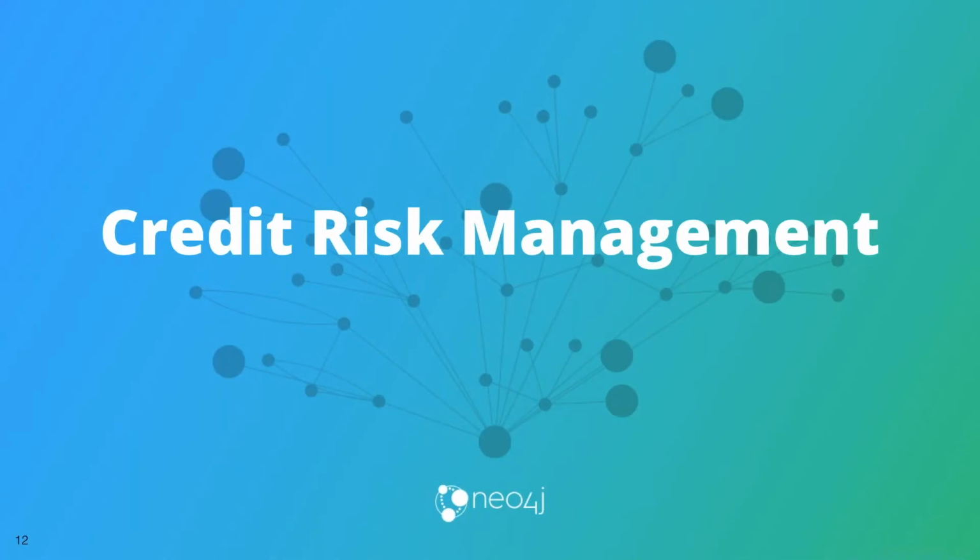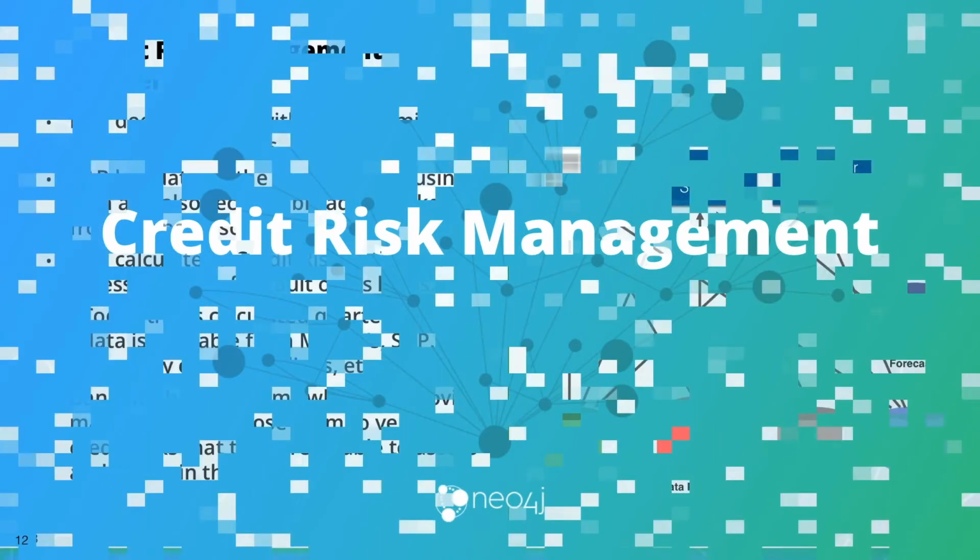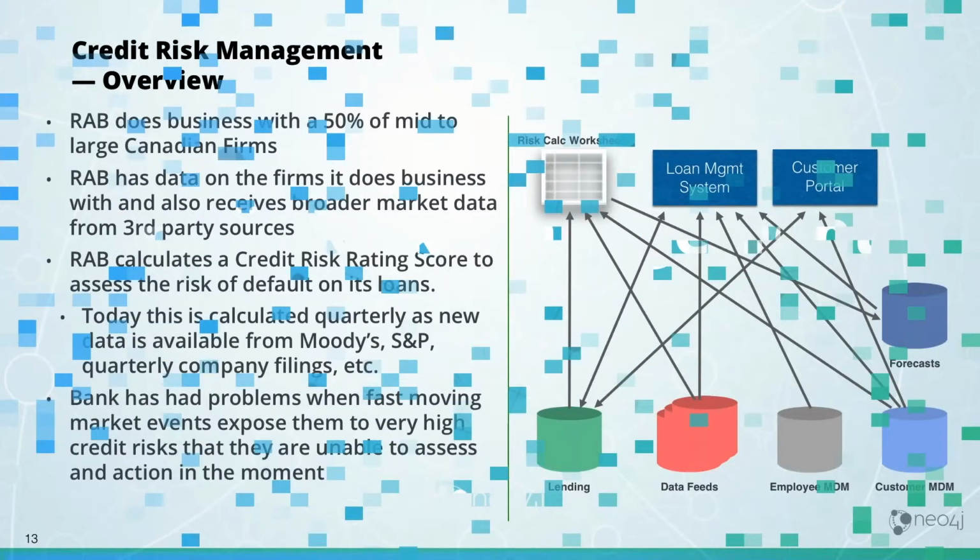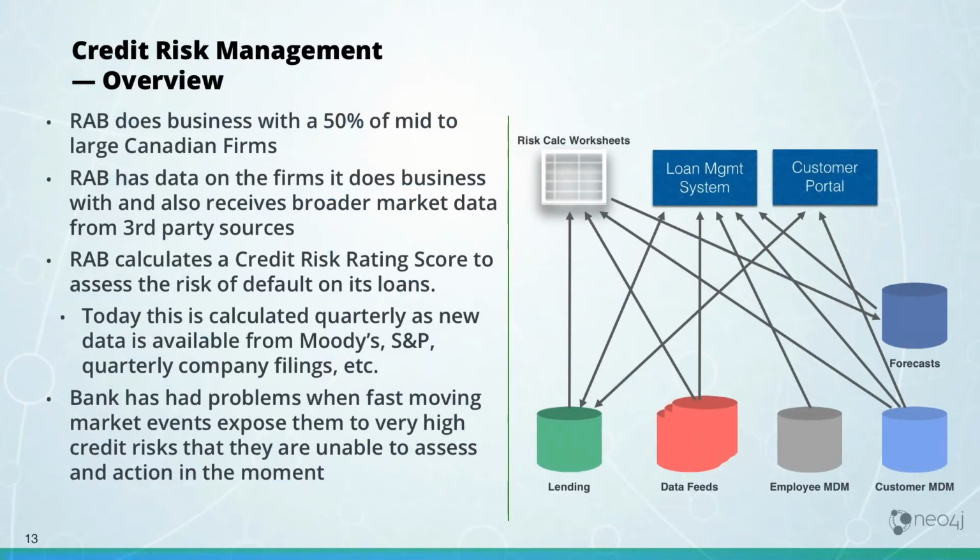So let's talk about the credit risk management scenario here. This is more along the lines of BCBS 239 and calculating value at risk metric. But we will illustrate that through a specific scenario around credit risk management. So we have a fictitious bank called Royal Albion Bank, RAB, which does business with 50% of mid to large Canadian firms.